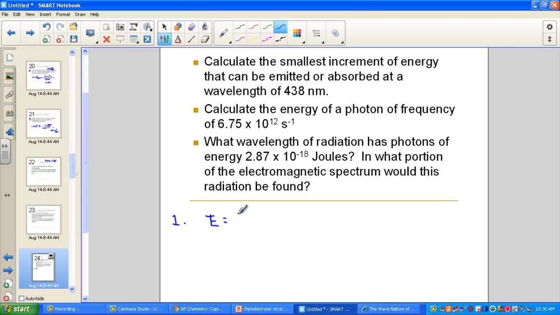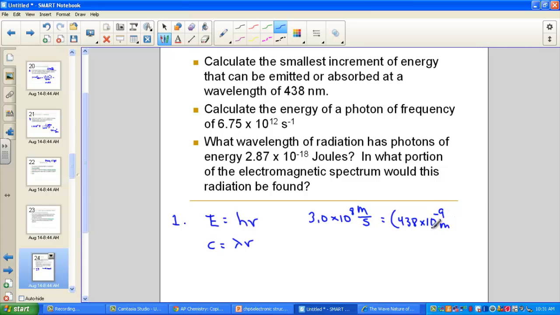Well, keep in mind what we want to know. We want to know energy. To know energy, we need Planck's constant and the frequency of our light. However, this problem gave us wavelength. So we'll need to do a quick conversion using the speed of light to convert our wavelength to frequency. We know the speed of light is a constant, 3.0 times 10 to the 8th meters per second. The wavelength given to us was 438 nanometers.